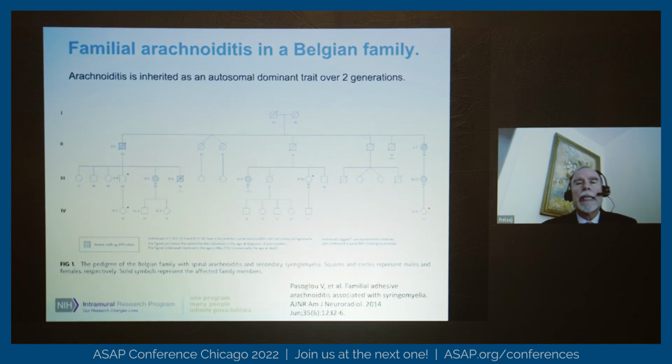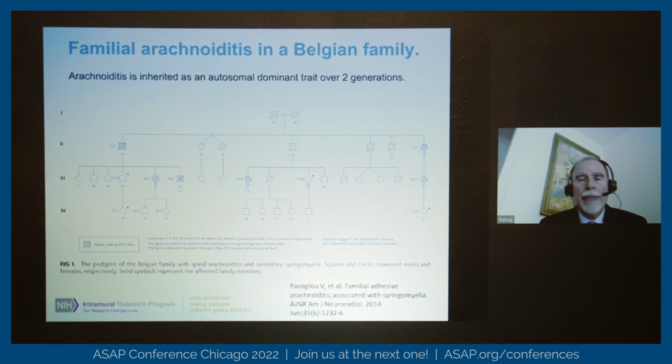Here's another family that was reported more recently in Belgium, and this is in 2 generations. You can see a brother and a sister, and then the sister had a daughter with it, and the man had both a daughter and a son with arachnoiditis.